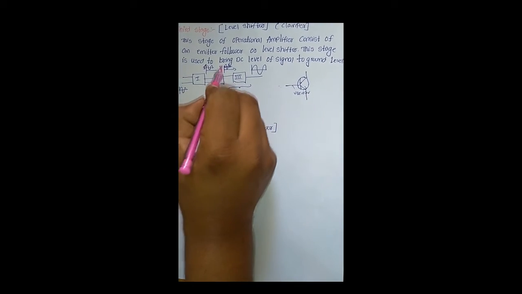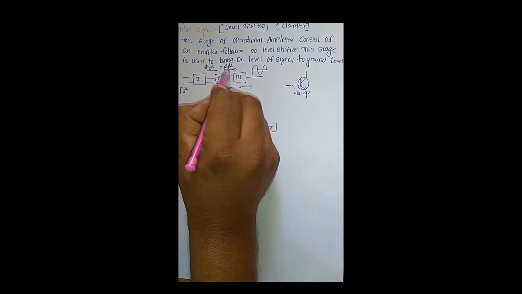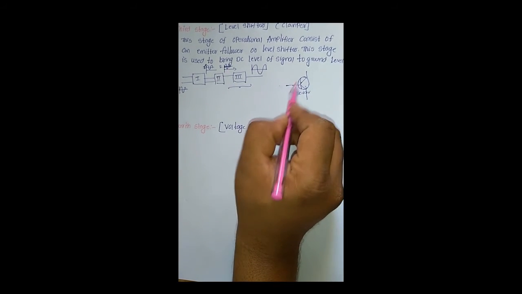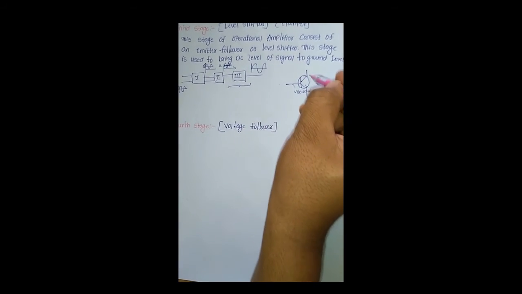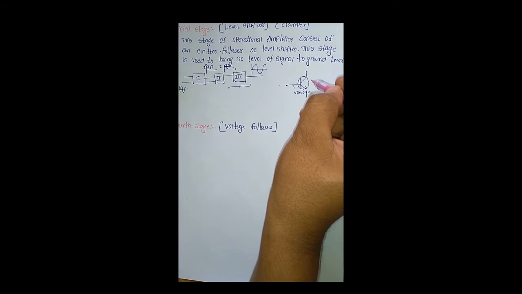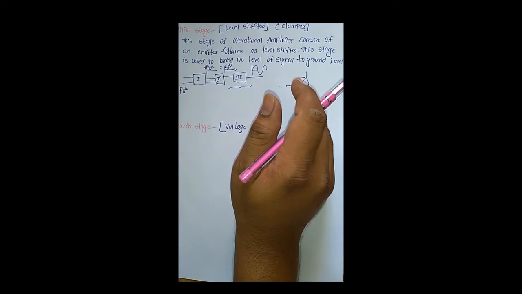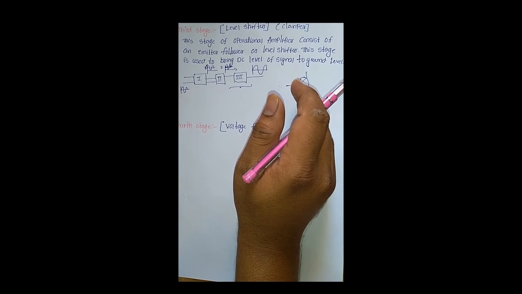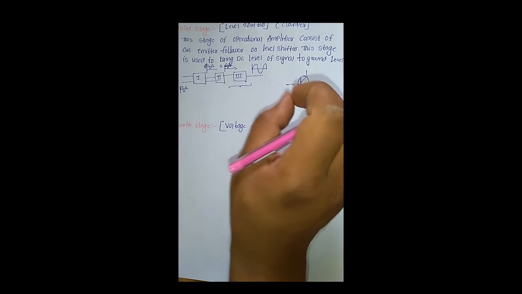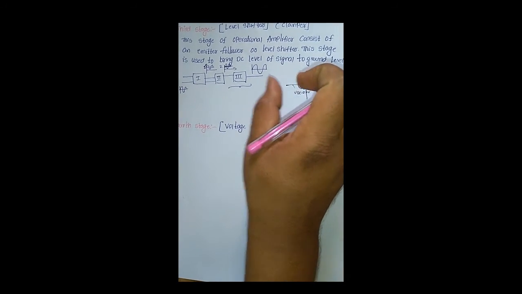If this output signal is directly given to the input of this amplifier, then the operating point of this BJT can change, so it can move into the saturation region, and therefore the signal is not amplified. Clear? Therefore we need to avoid these problems.